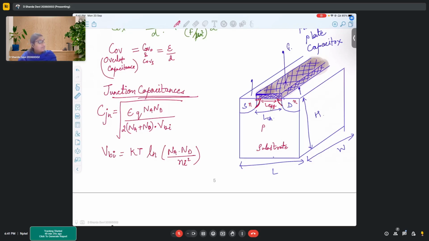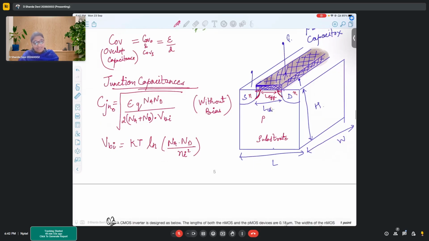So these are the formulas that we will be using. So this is without bias. This is the ideal condition when there is no biasing or zero voltage is applied across all the terminals.